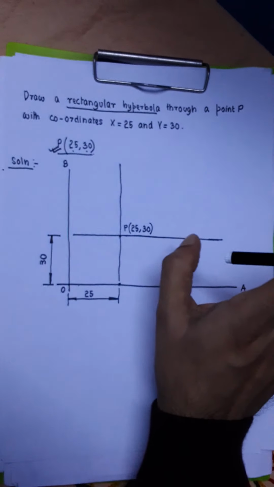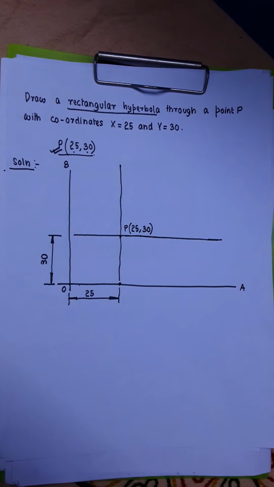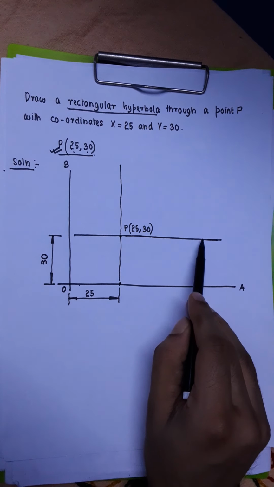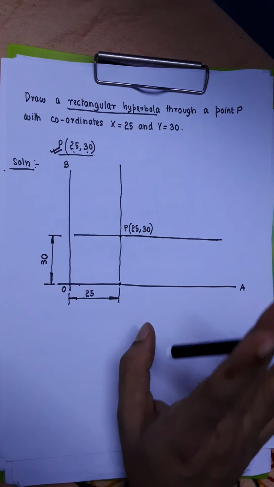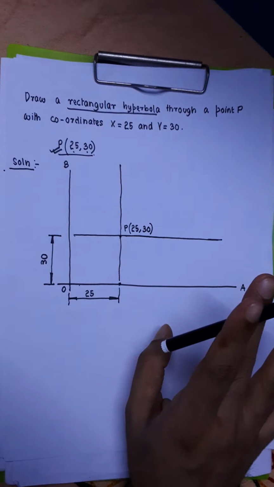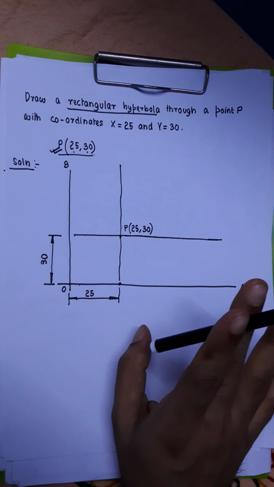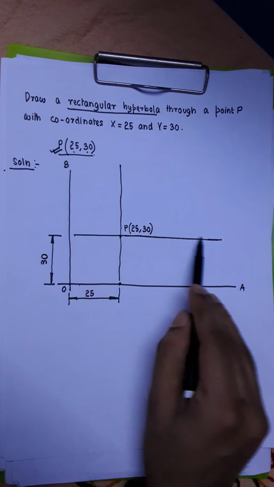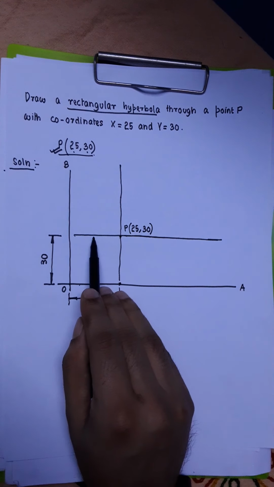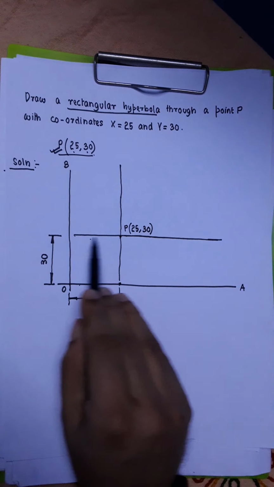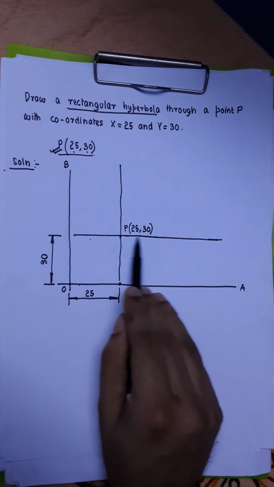Okay, so after you do this much of construction, on this horizontal line you have to take, say, 6 to 7 points, anywhere you like. Not necessarily at equal spacing. Please ensure that these points are distributed on both sides of the point P. That is, you take some points here and some points here.